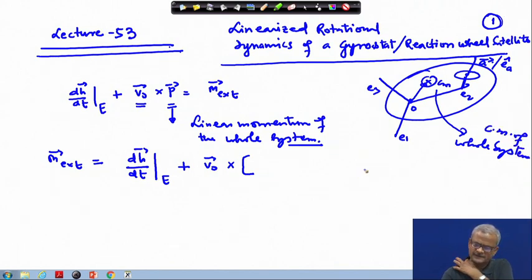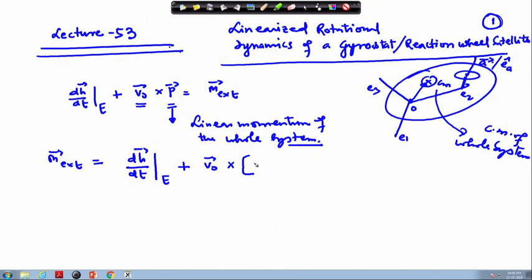In that case the velocity of the center of mass will be V0 plus omega cross RCM. If we multiply by m, that becomes the linear momentum of the system, and as usual this gets reduced to this, as we discussed in the last class.